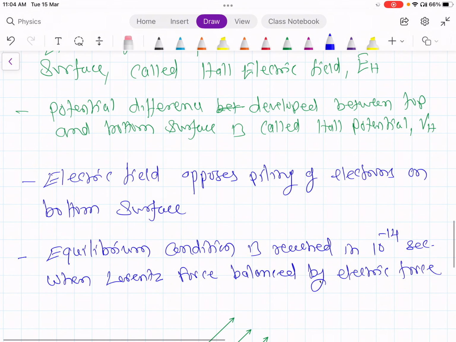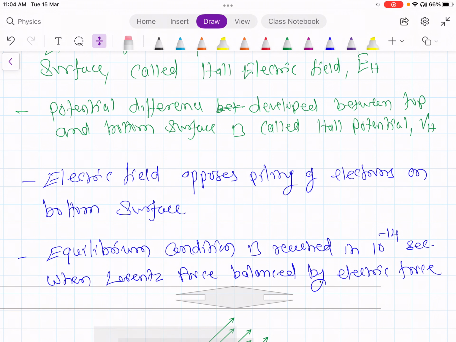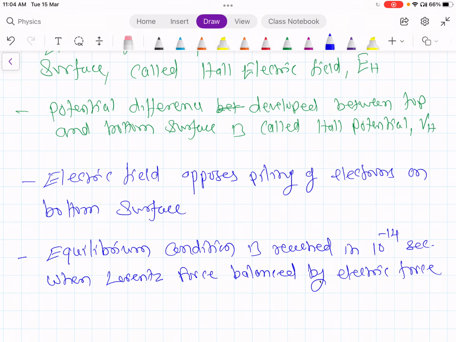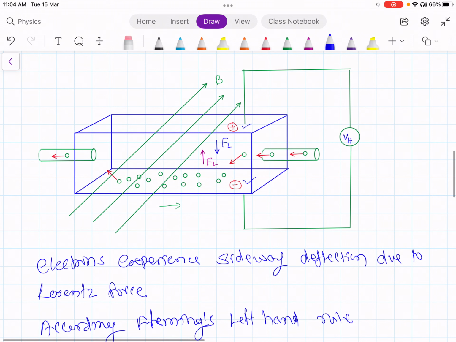So when the equilibrium condition is reached, then again electrons flow. In this case, because of Lorentz force, all electrons are piled or accumulated on the bottom surface, and then they will move in this direction. So this direction of electron flow is not parallel to the top and bottom surface.